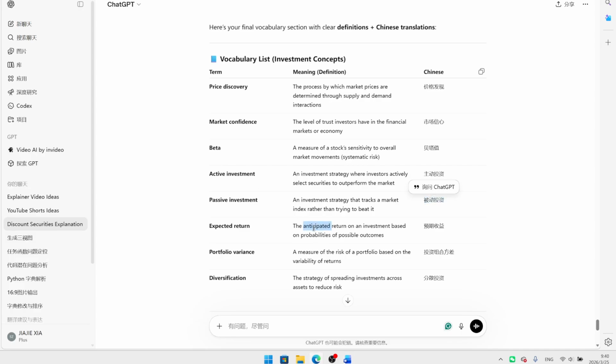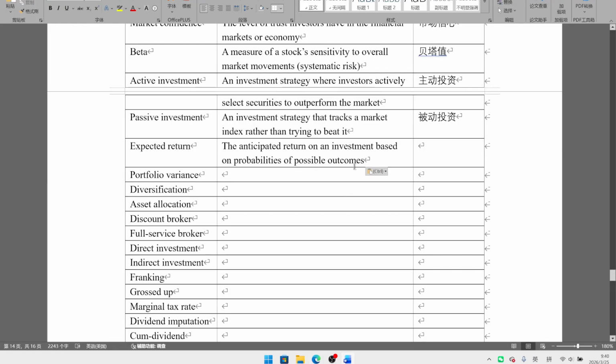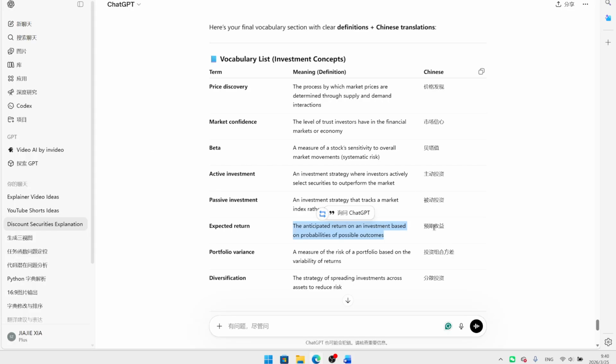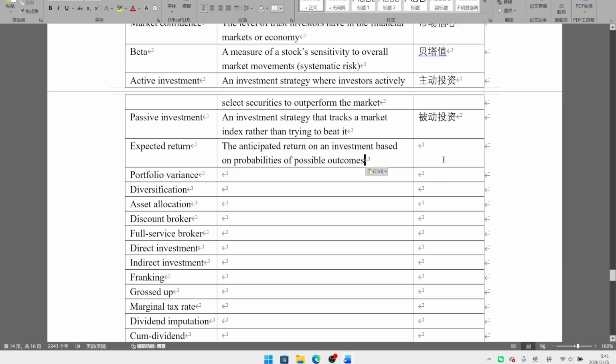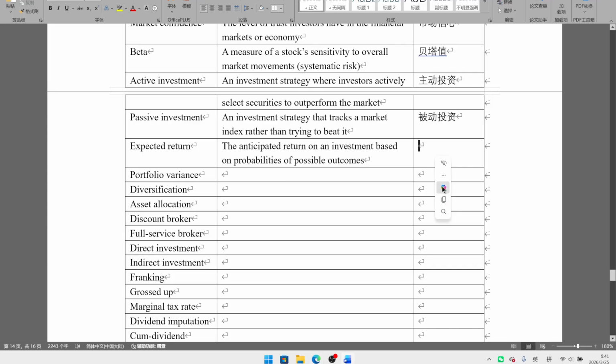Expected return is the anticipated return on an investment based on probabilities of possible outcomes.